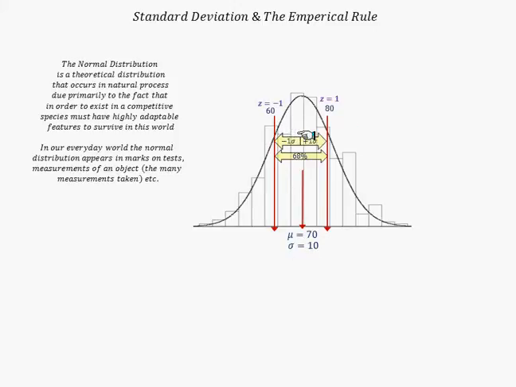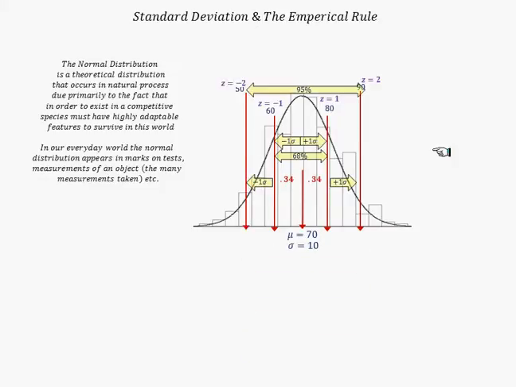Now in that region between these two red lines, plus or minus 1 sigma, 68% of the time x will fall, and that gives rise to 34% in each of these regions. If we go another standard deviation, that's another 10, z equal plus 2, z equal minus 2, 95% of the data will fall within 2 standard deviations of the mean.